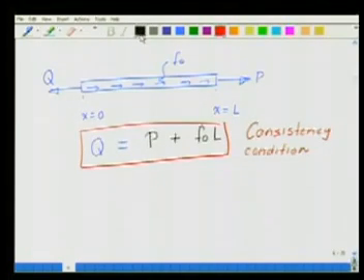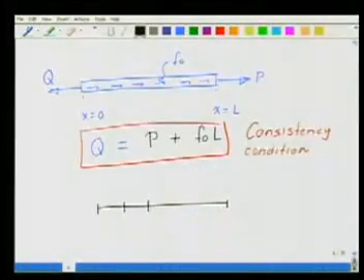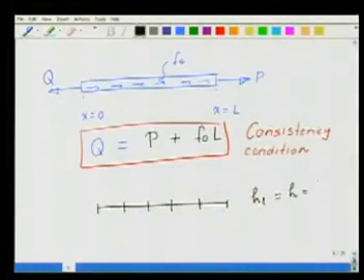Remember that for this problem, we have already formed the stiffness matrix for the mesh of 5 elements. So let us keep that mesh of 5 elements, such that again here my mesh size h is equal to H, which is L by 5.